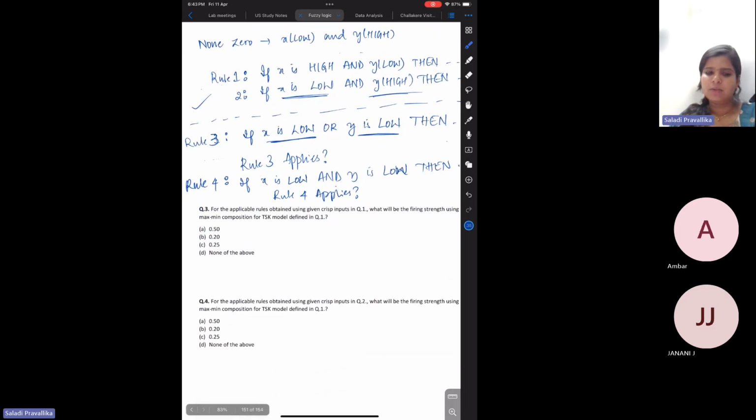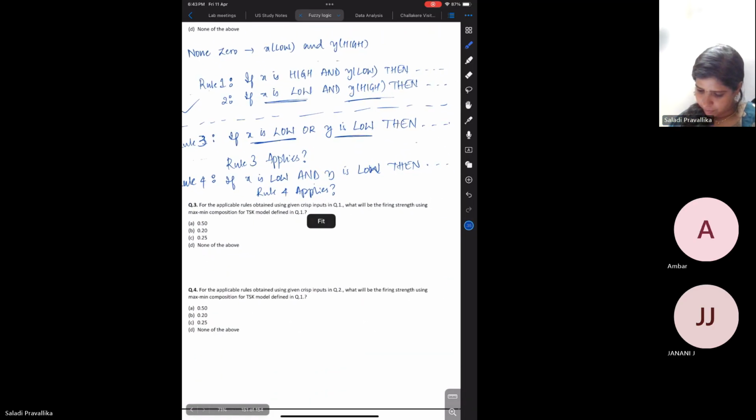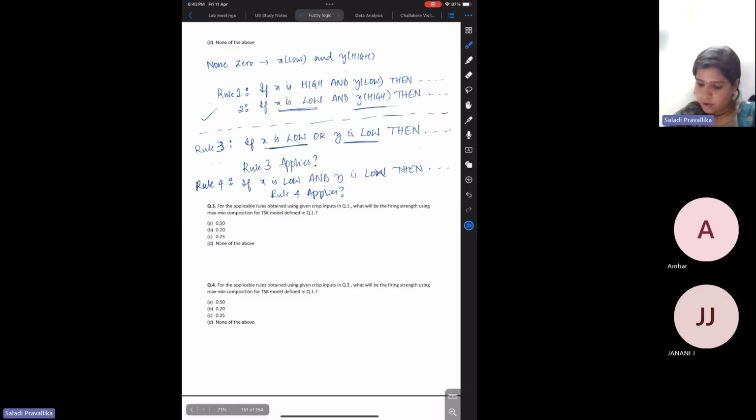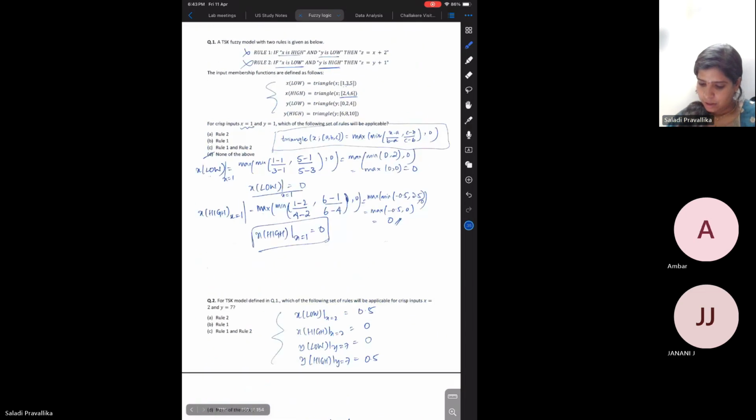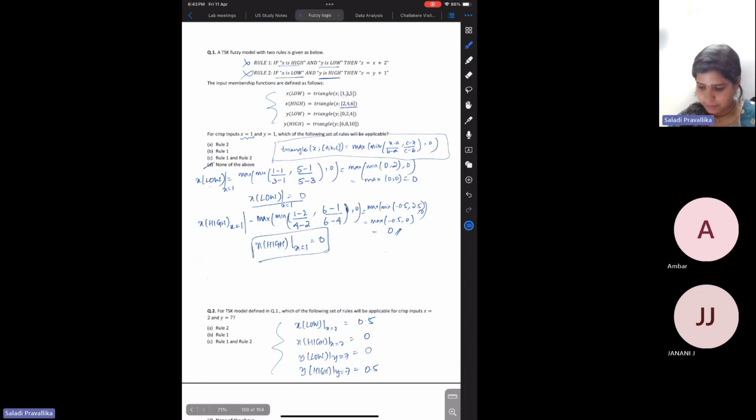Now let us quickly go to the next question. For the applicable rules obtained using crisp inputs in Q1, what will be the firing strength using max-min composition for the TSK model defined in question 1? So we have question 1 here.